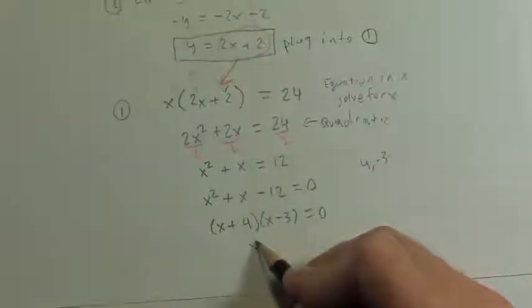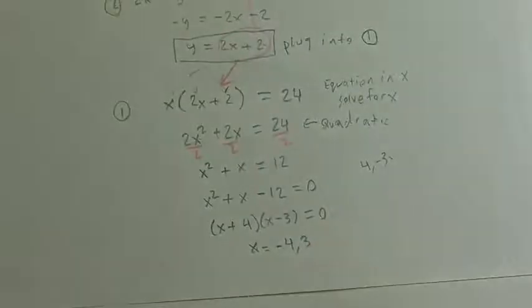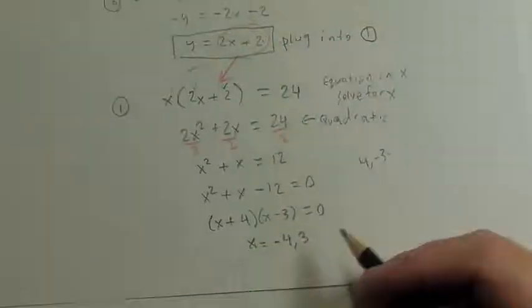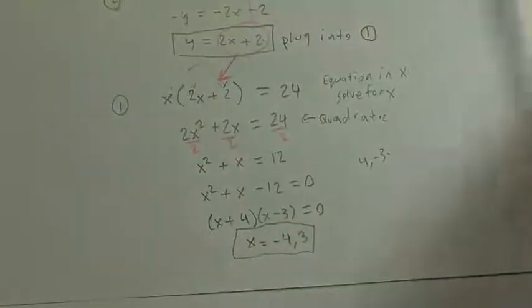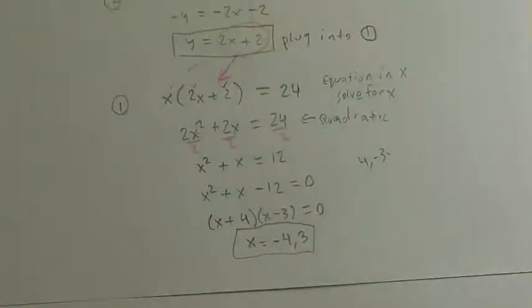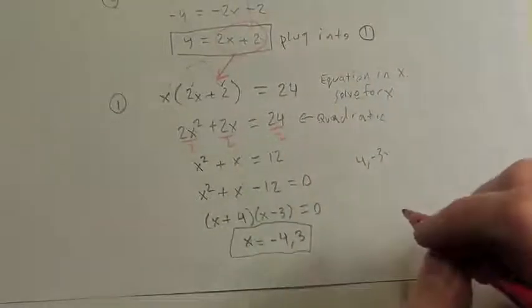So x is negative 4 and positive 3. Alright. Now, it's really common to think you're done when you find x, but remember we're finding both x and y simultaneously.